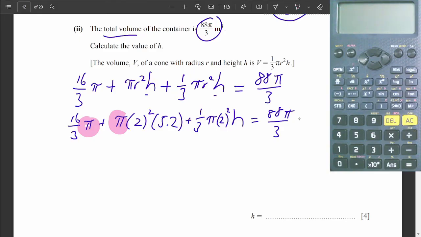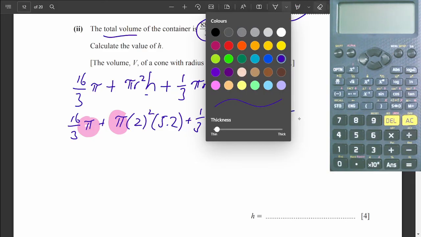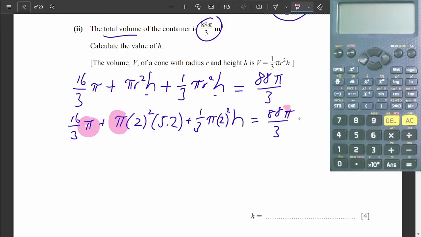And there's a pi there. Okay, every term has got its pi, meaning if we divide everything by pi, which we can do because pi is just a number, we will cancel all of the pi. So that will leave us with 16 over 3 plus, we can simplify this a bit.